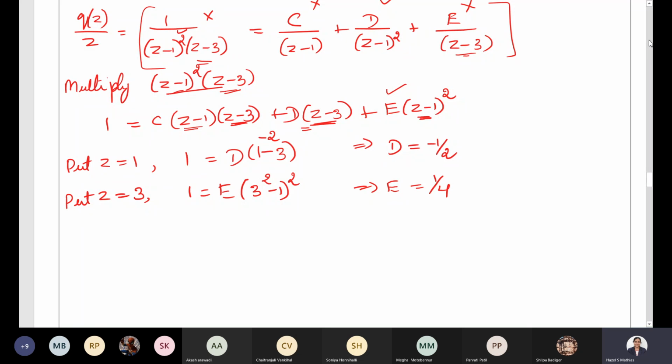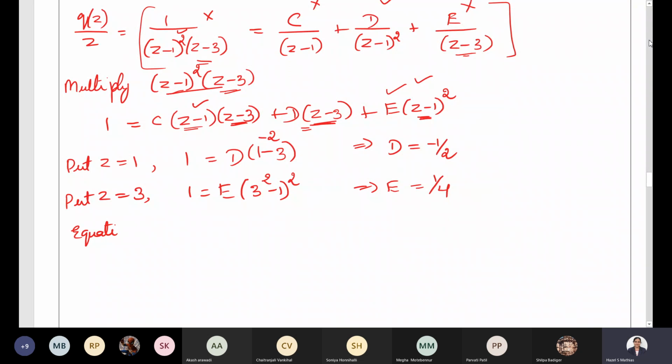Now next, what shall we do? Equate the coefficient of z square. Is there any coefficient of z square? We have z square, yes, so you can equate here and here. Equating the coefficient of z square on both sides: here there is no z square term, so it is 0.